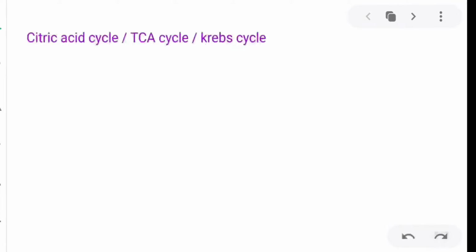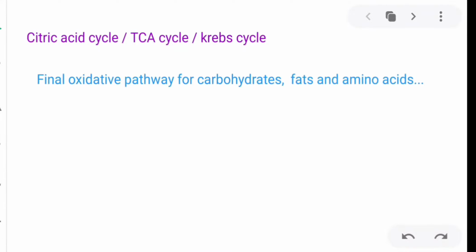The first thing is that it has three names: the citric acid cycle, the TCA cycle, which is also called the tricarboxylic acid cycle, and the Krebs cycle. The second point is that it is the final oxidative pathway for carbohydrates, fats and amino acids. What do you mean by this point?